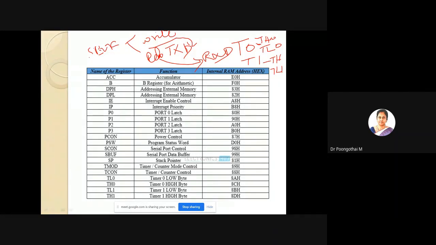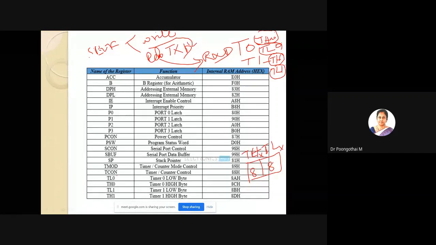That is divided into timer 0 lower order register and timer 0 higher order register. Similarly, in timer 1, lower order register and higher order register. So it is divided into 2: TL, TH, 8-bit, 8-bit. X represents either timer 0 or timer 1. Is it clear?